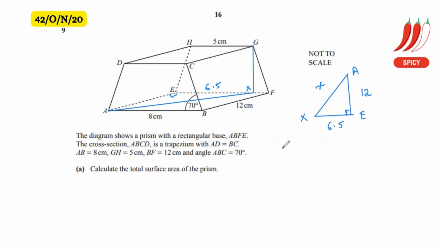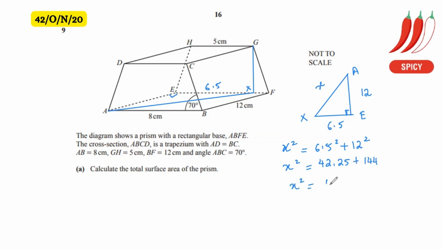So we can use Pythagoras. AX squared equals 6.5 squared plus 12 squared. That's going to be 42.25 plus 144.